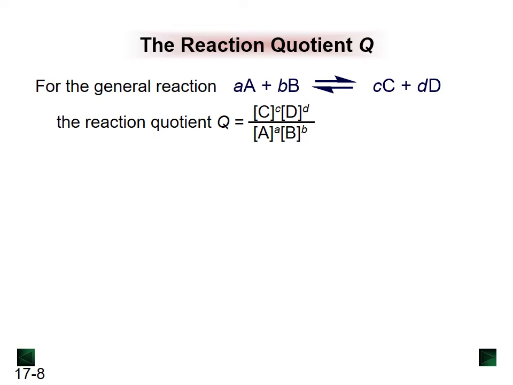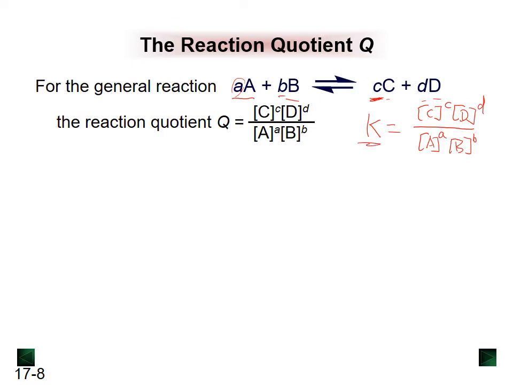So for a general reaction such as A plus B goes to C and D, with coefficients a, b, c, d, the equilibrium constant should be the concentration of C, the product, raised to the power of its coefficient, and the product D to its power, and the reactant A concentration, and the reactant B concentration raised to the power b.